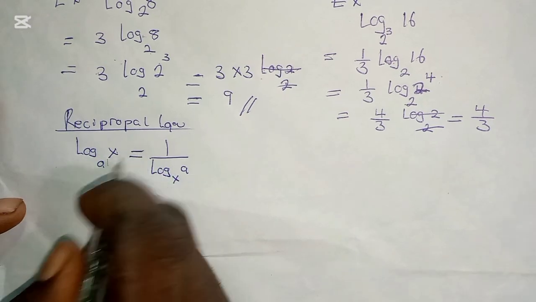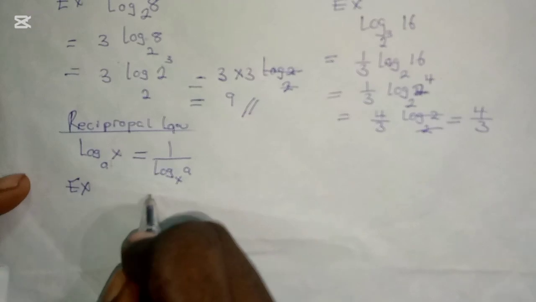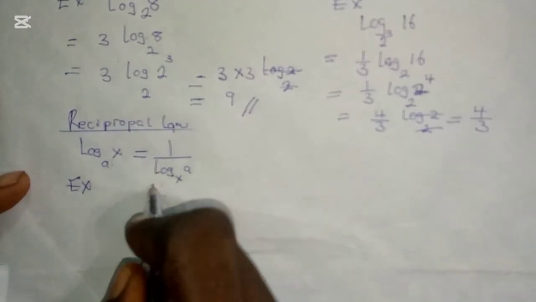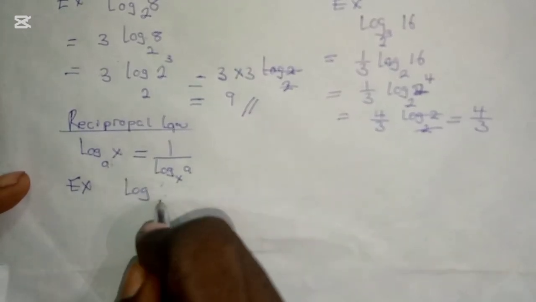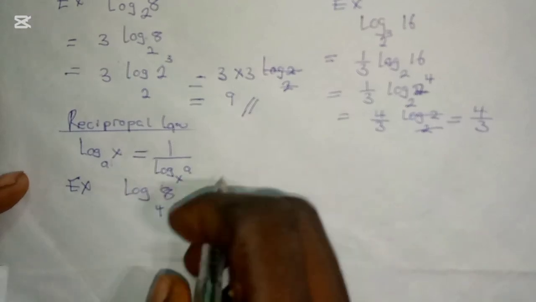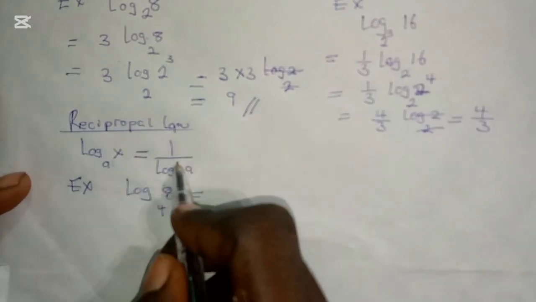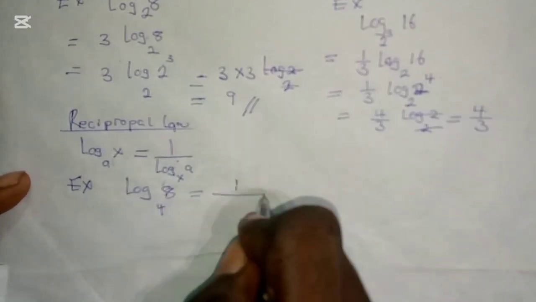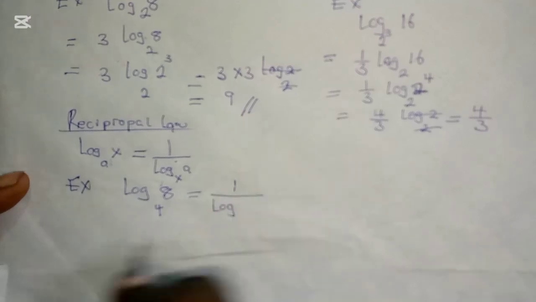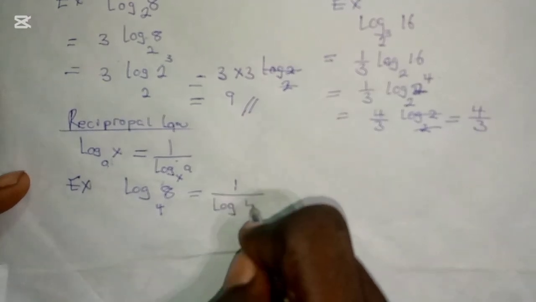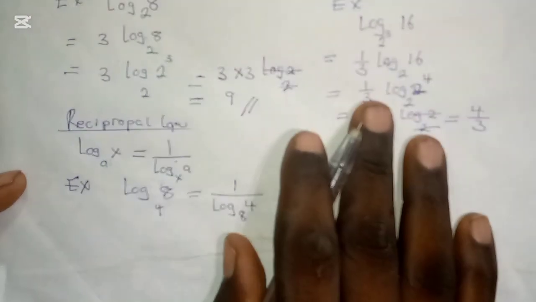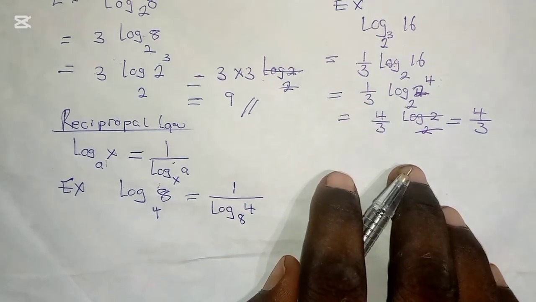So what does that mean? Let's look at this question. For instance, example: log 8 with the base 4. Using this property, this is going to give us 1 over log 4 base 8. So how do you solve this kind of question?